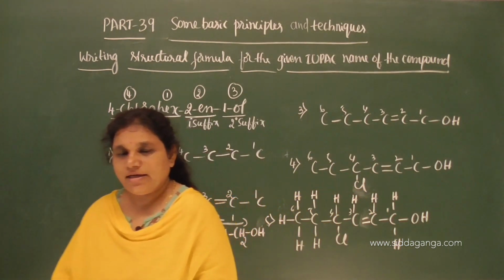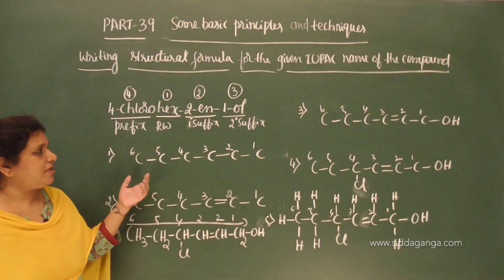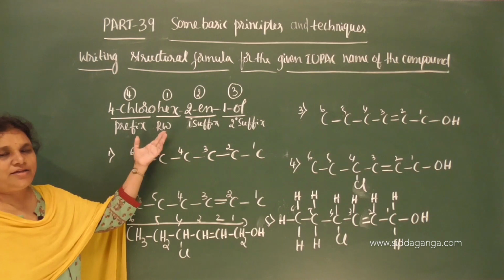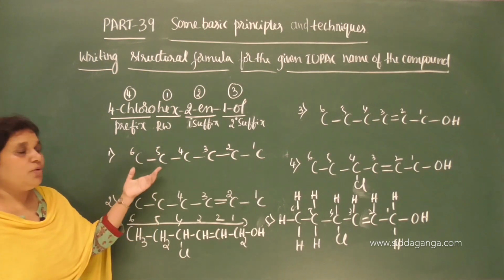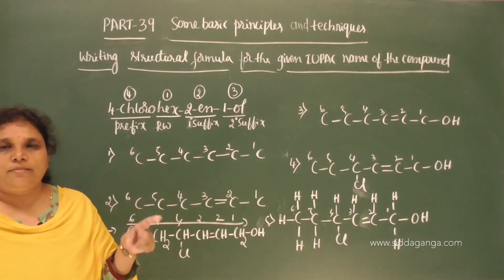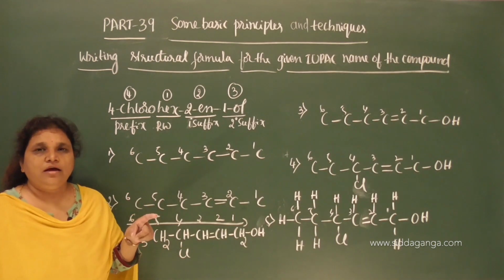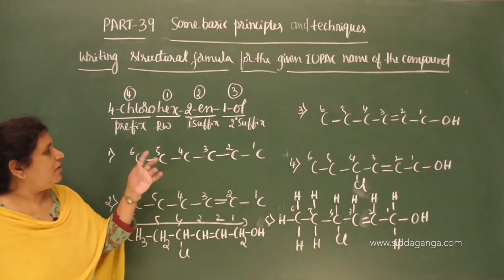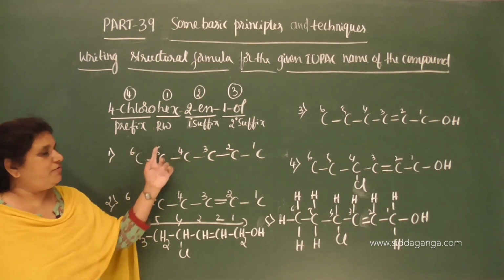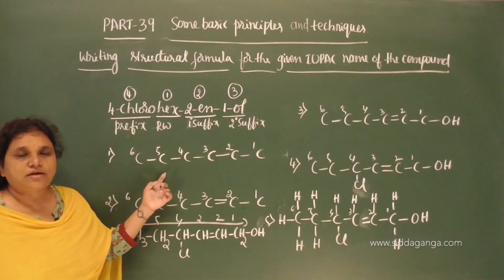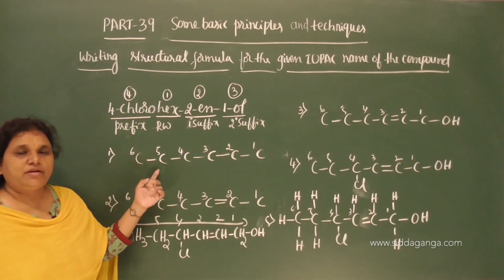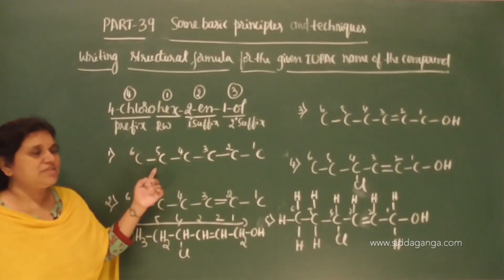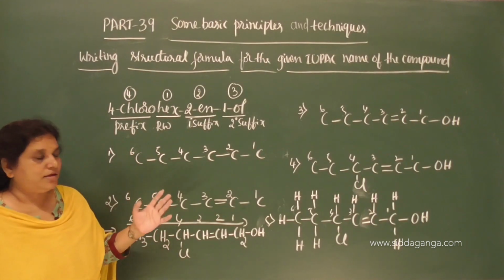So while writing the structural formula, the first step is you should look at the root word, including that carbon if there is a carbon containing functional group, that you have to remember. On the basis of the root word, first write the carbon skeleton, and number the carbon atoms from one end to the other end.